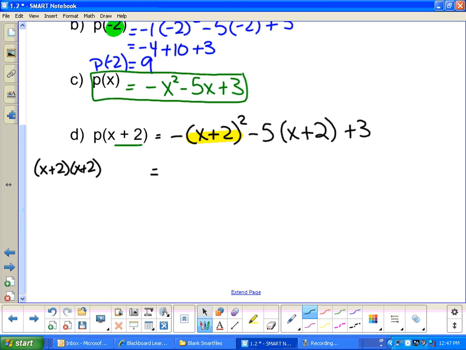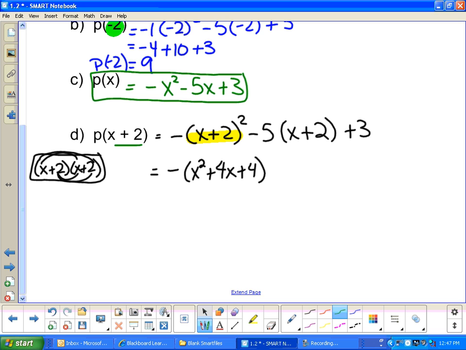So I'm going to have negative, and multiplying that out, I get x squared plus 2x plus 2x plus 4, which is x squared plus 4x plus 4.